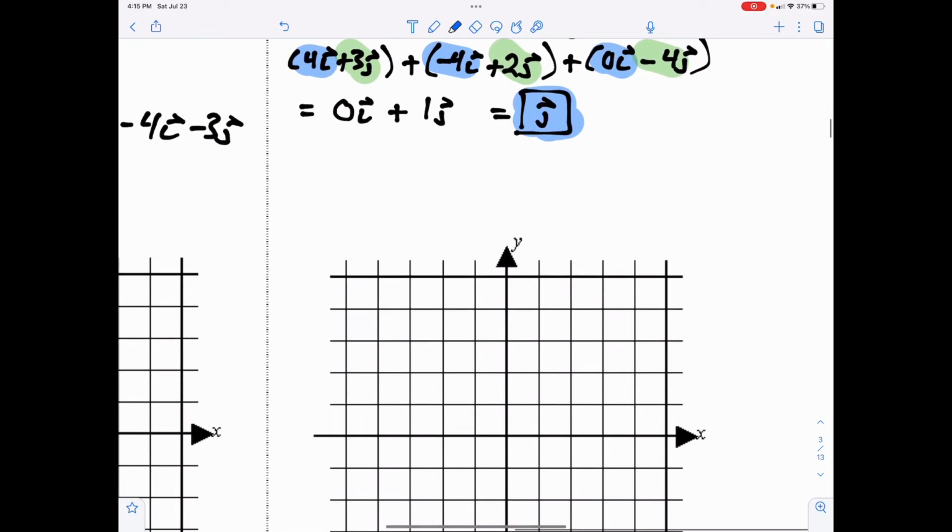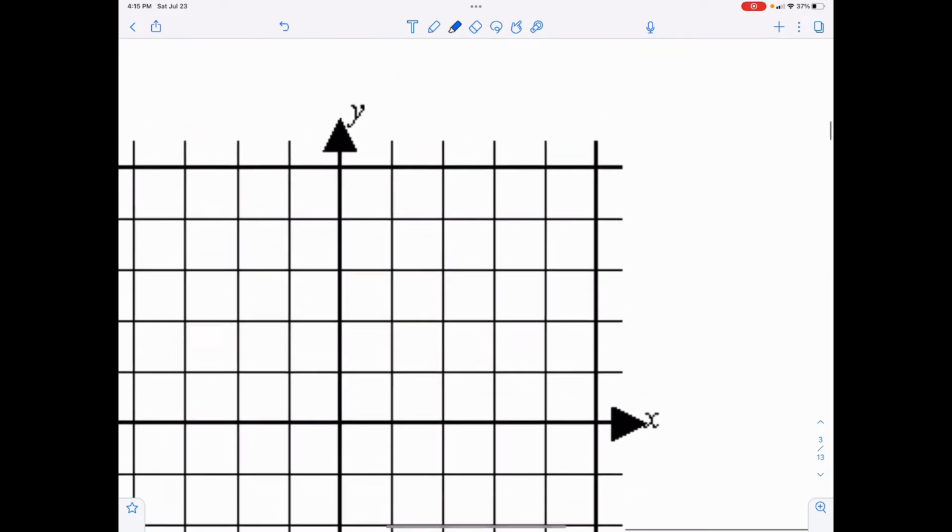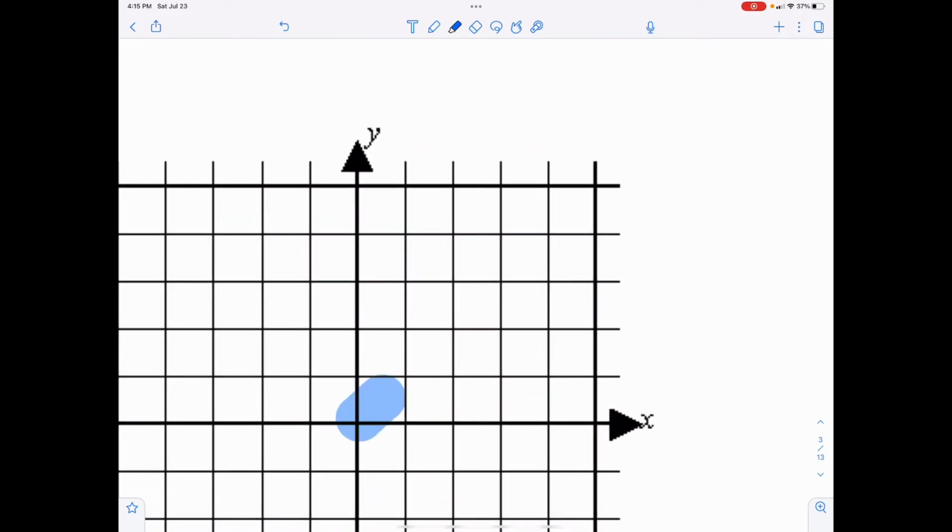Okay, let's represent that. Let's figure it out. So a goes 4 units over, 3 units up. 2b is going to go 4 units left, 2 units up. So there's a.